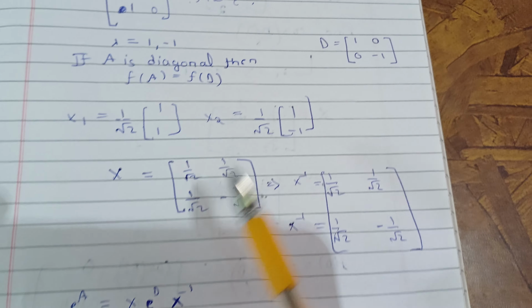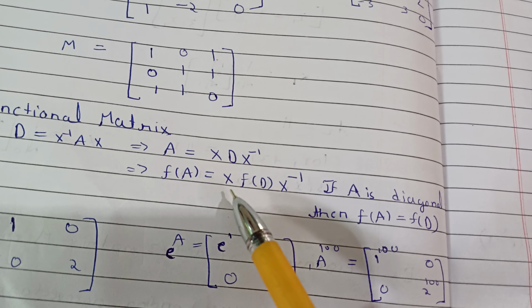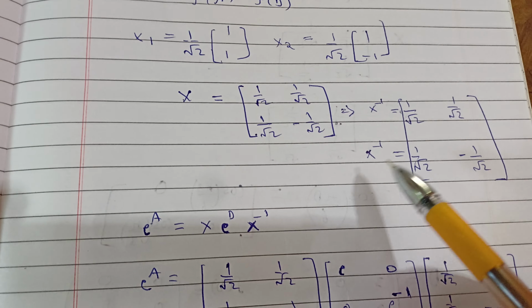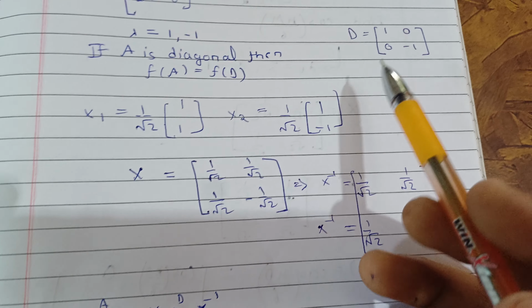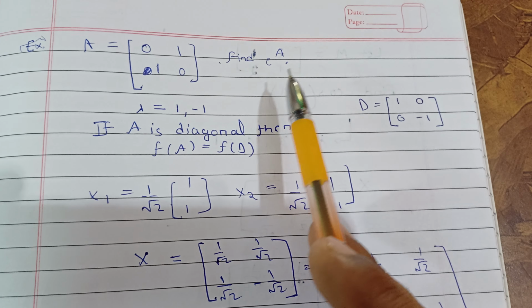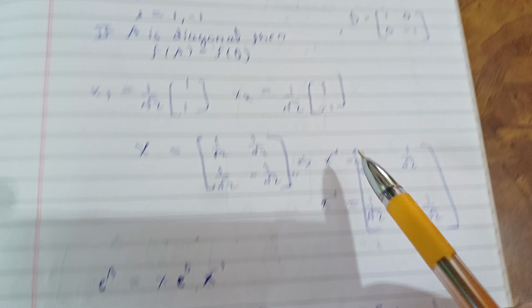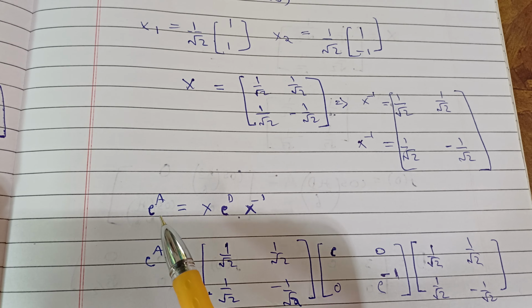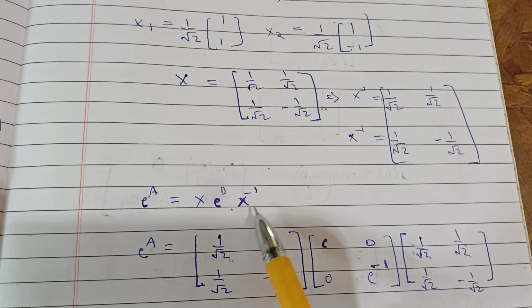So X inverse will be this. Now we have D, we have X, we have X inverse. Now what will be f(A)? It will be X f(D) X inverse. So for this e^A, e^A is equal to X e^D X inverse.